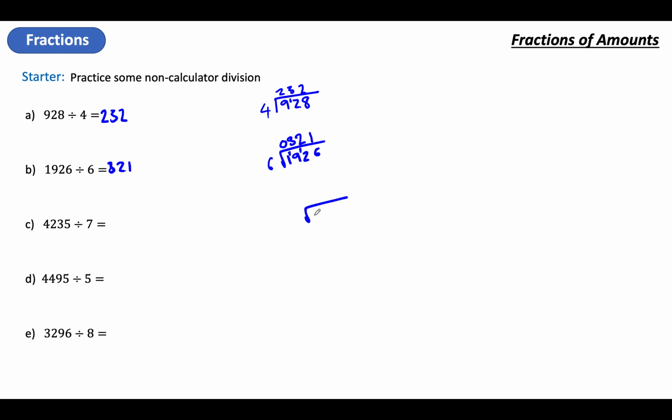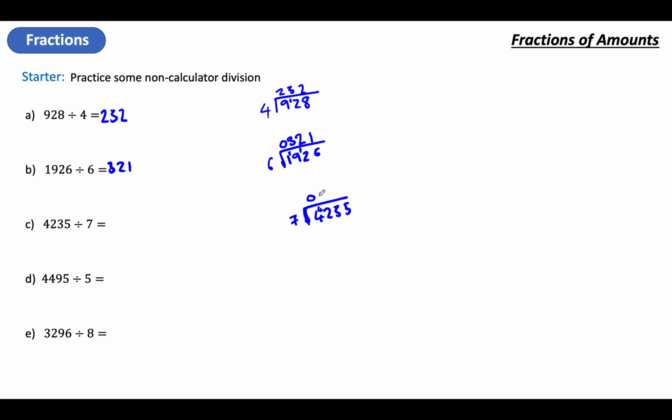Next one, divided by 7. 4, 2, 3, 5, and I'm going to divide that by 7. Well, how many 7s go into 4? Well, none. It's not big enough. So I carry that whole 4 across to the next column, so I've not used any of it. And 7s into 42.